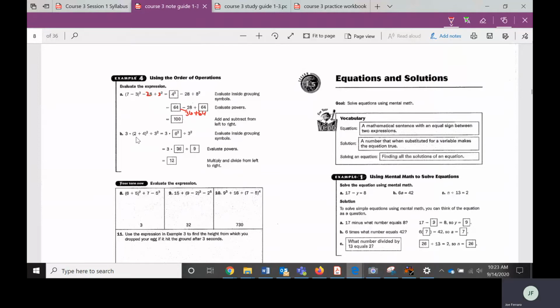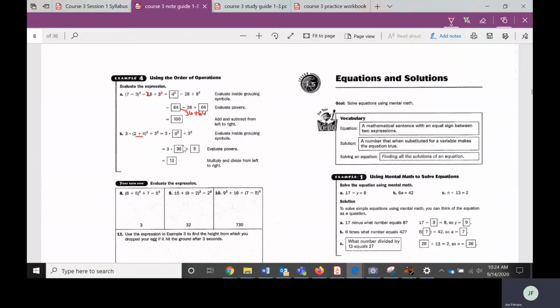So, parentheses first. We copy down the 3 times 6 squared, because 2 plus 4 is 6. And we copy down the divided by 3 squared. Now, they could have done 2 steps at once and written the 9 right here, but they wrote it down first. Now they did exponents next. So they bring the 3 down.